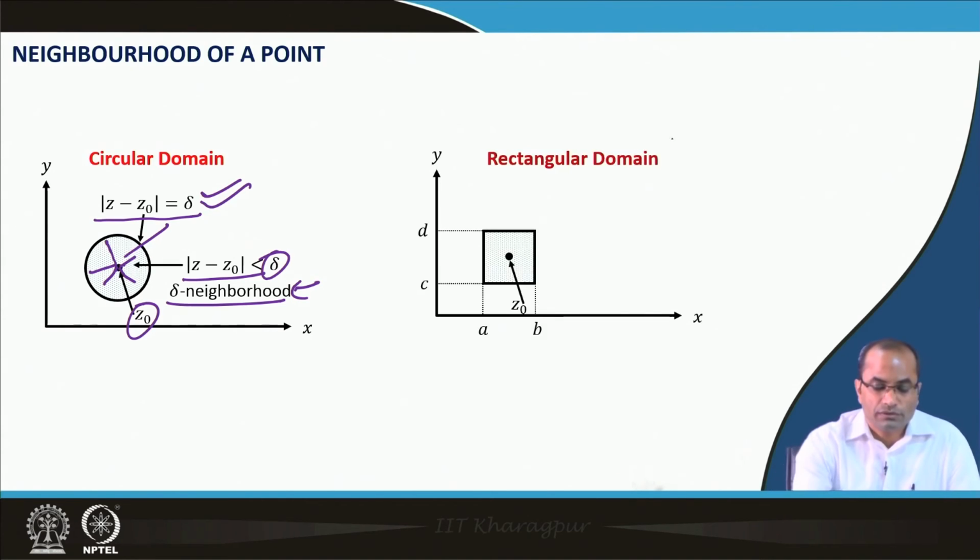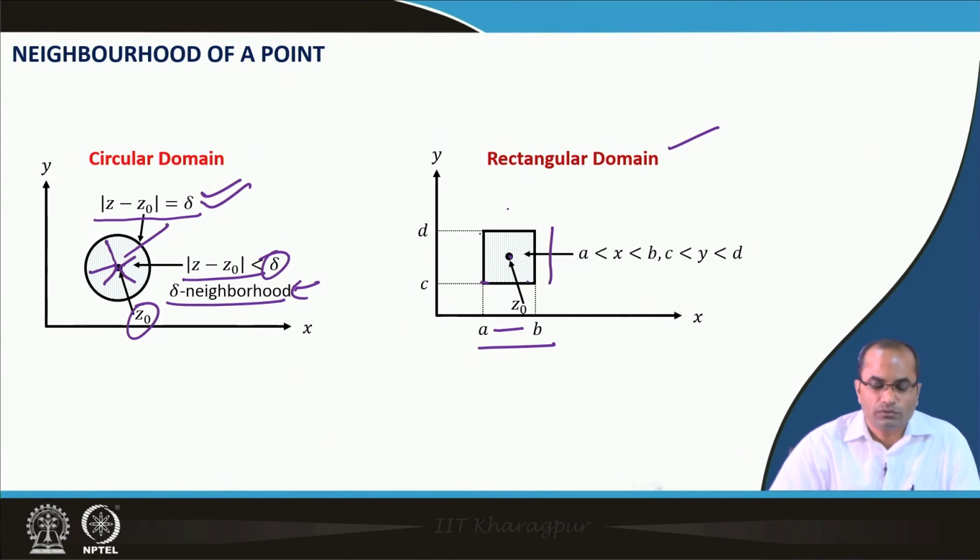Another could be the rectangular domain. For some convenience, sometimes we can also think about a rectangular domain. So this is a rectangular neighborhood of the point z0. The side lengths are b minus a and d minus c. So around this point we have a rectangle with these distances, from a to b and from c to d.